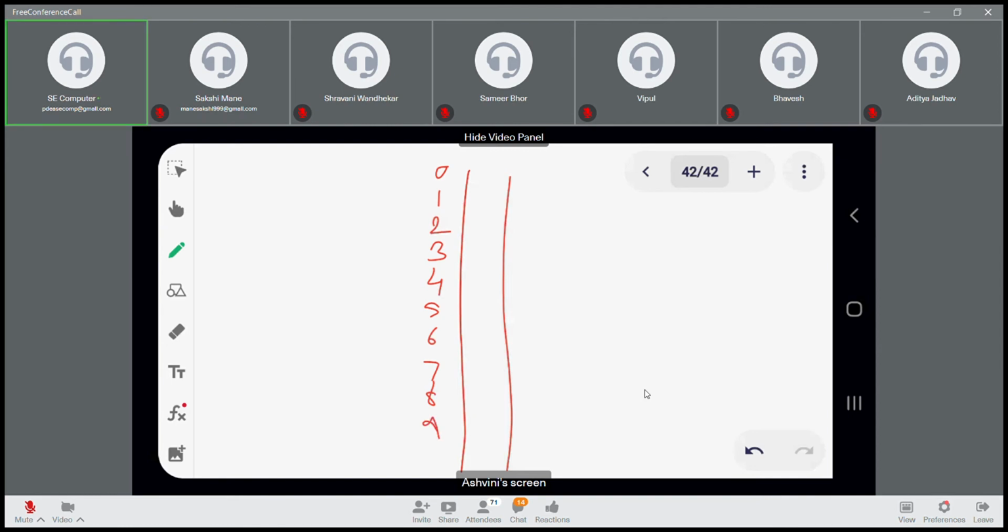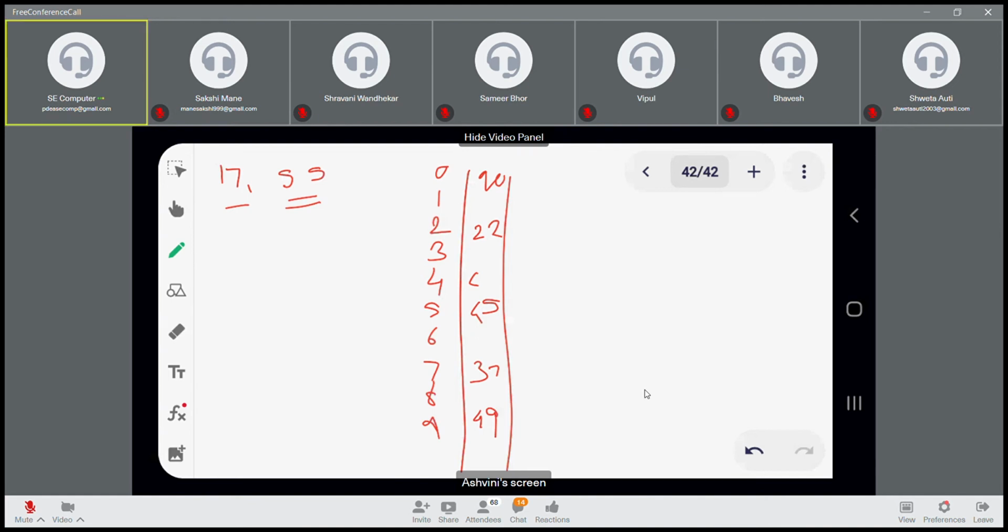So 37 at index 7, 90 at index 0, 45 at index 5, then 22 at index 2, then 49 at index 9. Now to place 17 and 55, you need to use the double hashing function, isn't it? Because index 7 and index 5 are not empty. They are occupied by the previously placed keys.